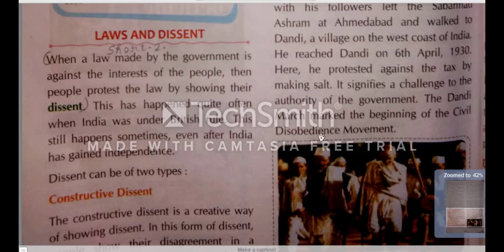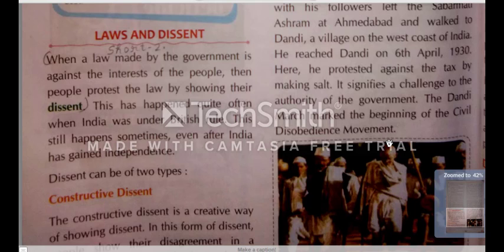The Dandi March marked the beginning of the civil disobedience movement. This march they called civil disobedience.